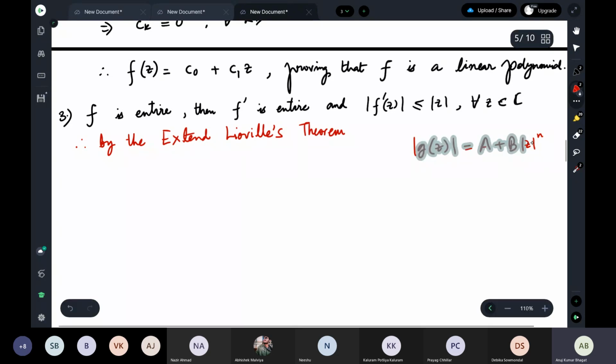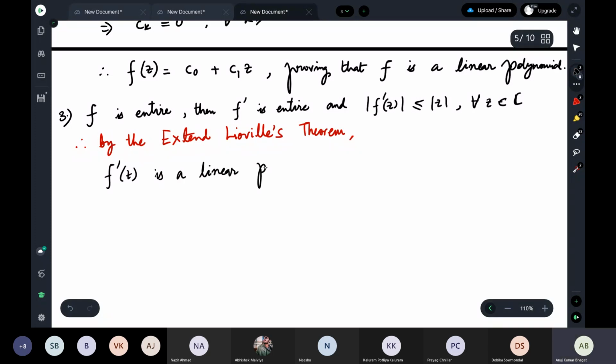So what can I say from here by the extended Liouville theorem? f prime z is a linear polynomial. Right?